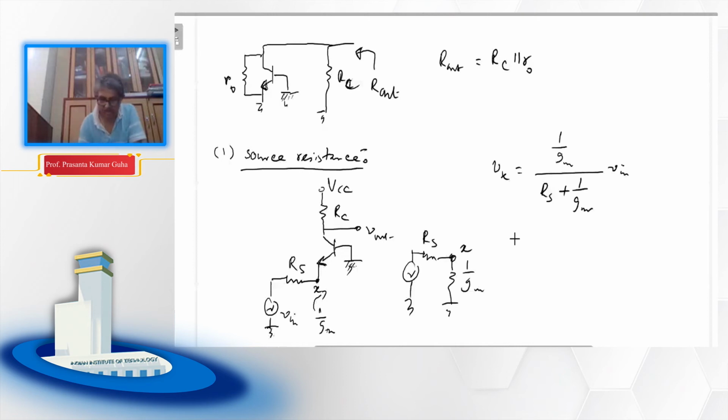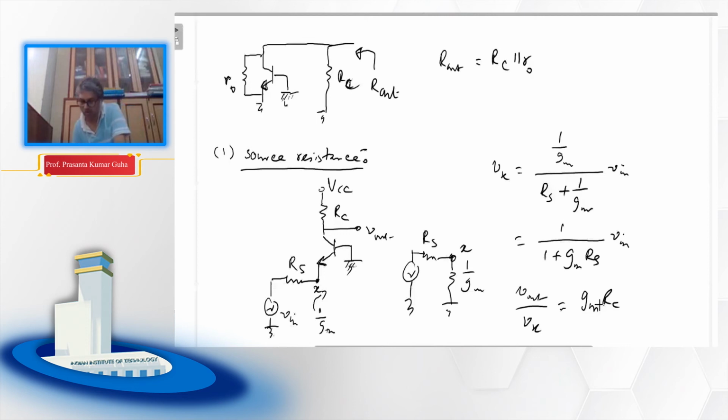And so you can restructure the equation, and you can find out the gain, because we know already that Vout over Vx, because it is not Vin, it is Vx, Vout over Vx is GMRC, that is already known to us. And if Vx is this, we can straight away find Vout over Vin. Okay, I'm going to the next slide.